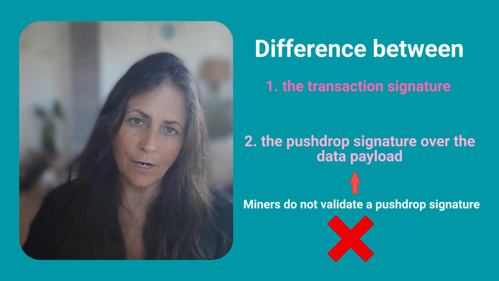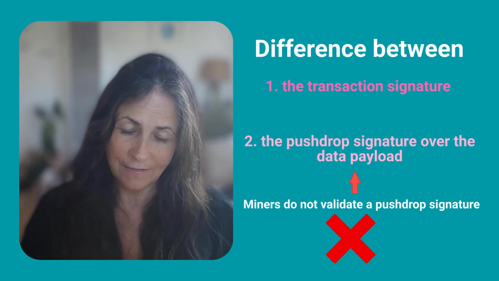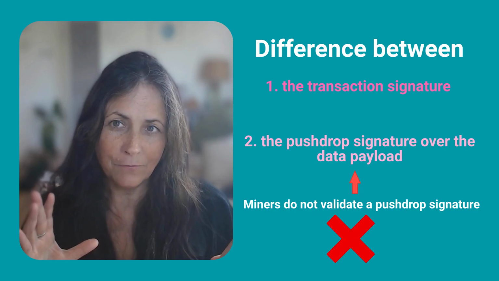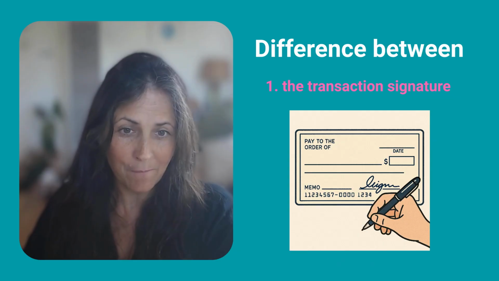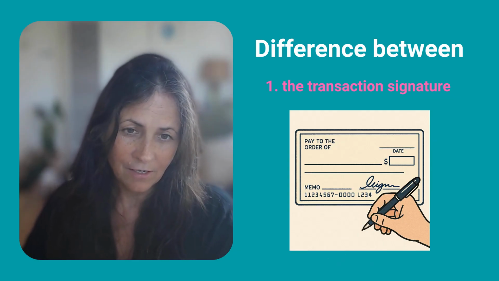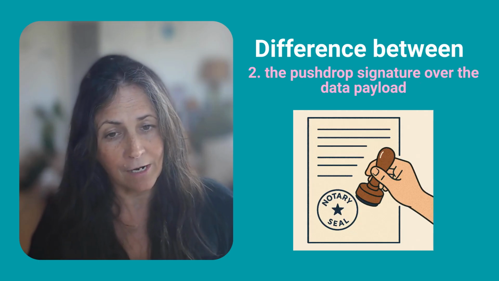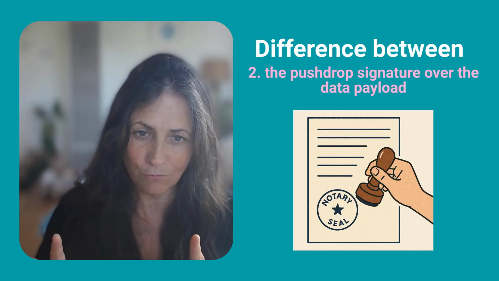It's purely for attestation purposes. So it's like signing a check means you can spend the money that's in the account versus notarizing a document. That's the big difference between the two.